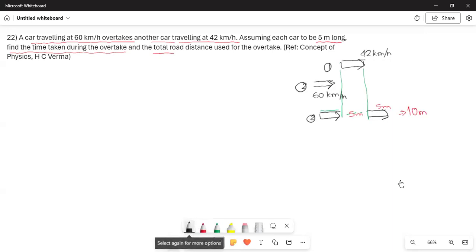In order to solve this problem, we can easily use the concept of relative velocity.